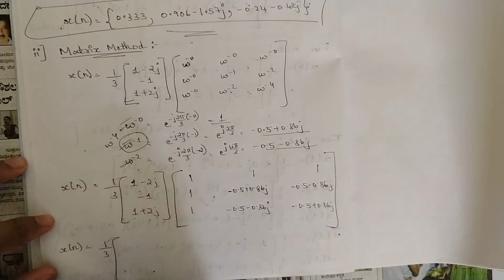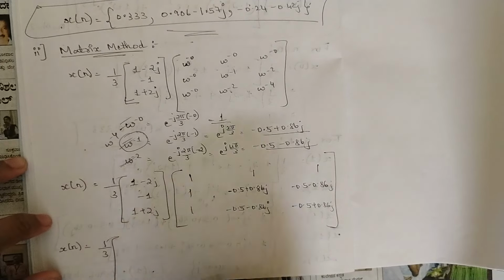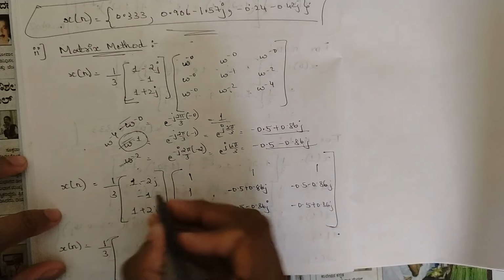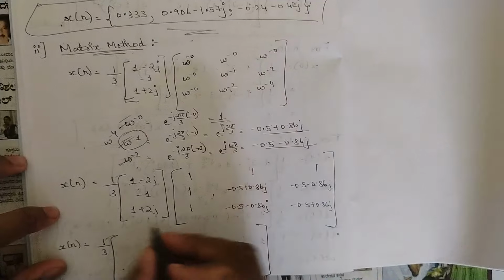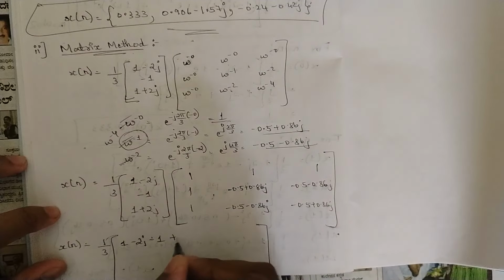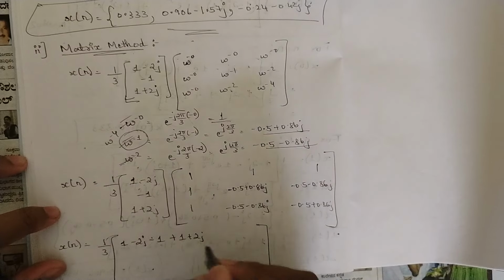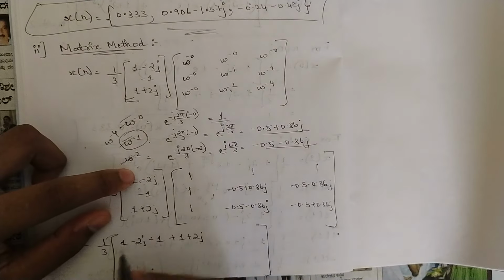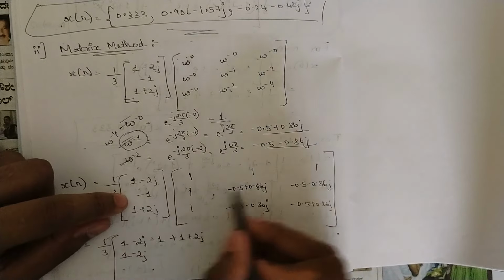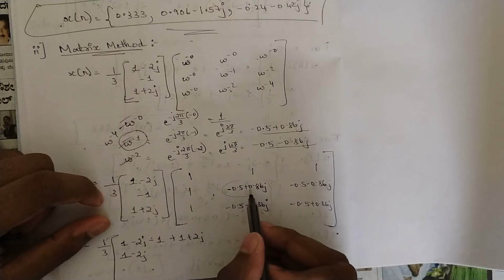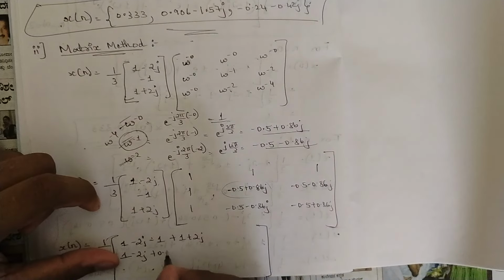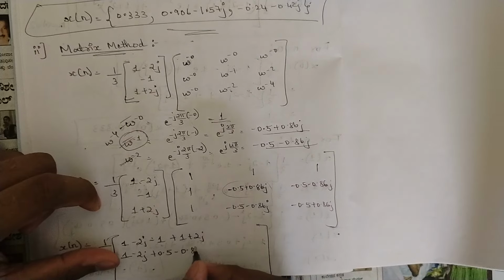1 by 3. So first row, since we are multiplying everything by 1, so 1 minus 2j minus 1 plus 1 plus 2j. In the second row, 1 minus 2j into 1 is 1 minus 2j itself. Then we have minus 1 into minus 0.5 plus 0.86j, so the signs would be changed, that is plus 0.5 minus 0.86j.